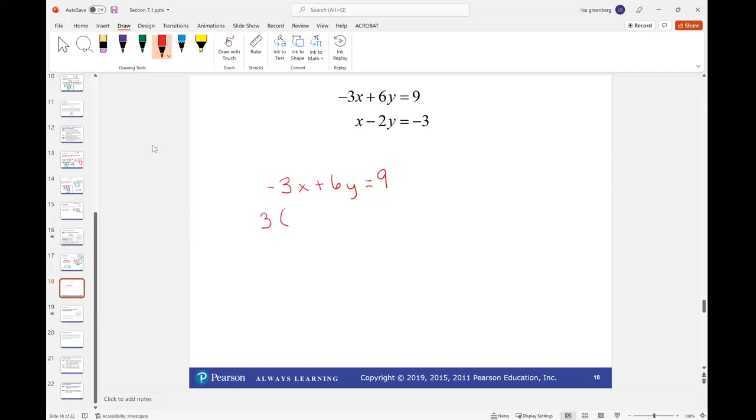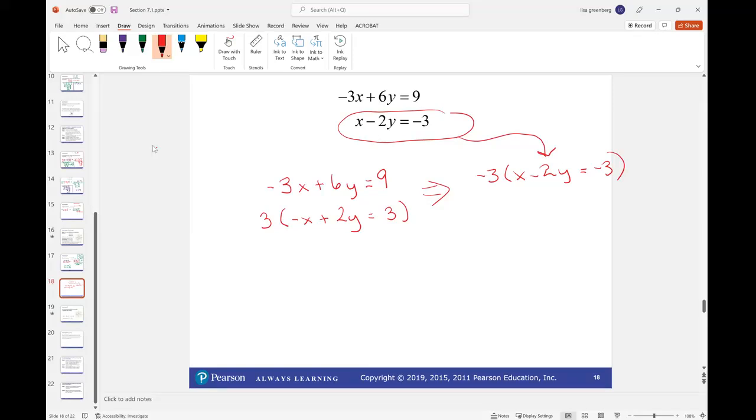If I factor a 3 out of the first term, I get -x. If I factor a 3 out of the second term, I get plus 2y equals, if I factor a 3, I get 9. I'm sorry, I get 3. Notice that's almost exactly the same as that, except it's negative. So if I were to factor out a -3, I would get X minus 2y equals -3, where this inside here is exactly the same as this.